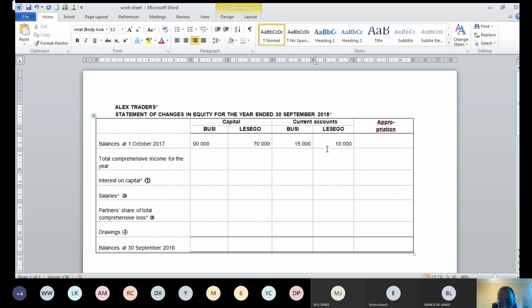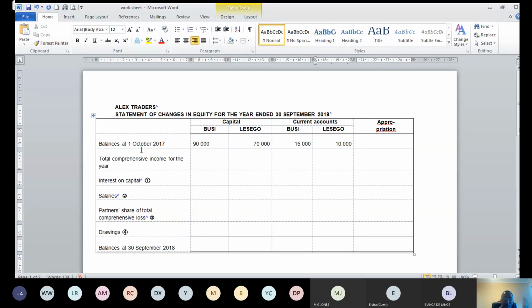In the question, you will see that they do actually indicate the balances. Both of those accounts have got credit balances, and credits is positive. Remember, a debit balance is a negative balance, and a negative balance is indicated in brackets. So those are the opening balances.